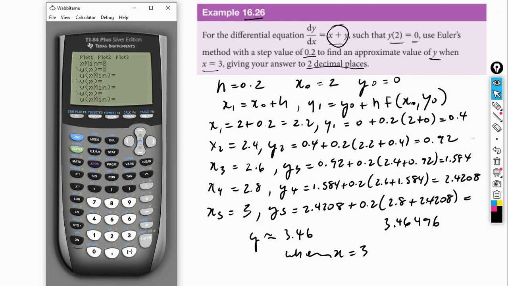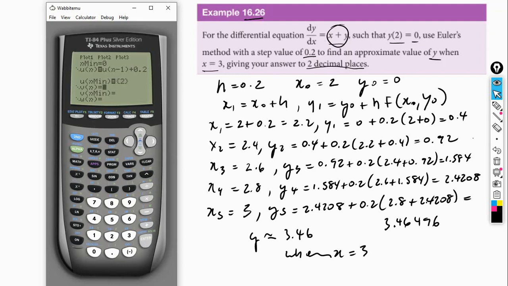So we'd say u of n is equal to u, and you find u above the 7, so u, and in the parenthesis, n, which is right over here where the variables are, n minus 1, that means the previous term, plus h, which in this case is 0.2. And then where it says u of n minimum, so u of 0, in other words, x sub 0, is the initial value, which is 2 for x, right?